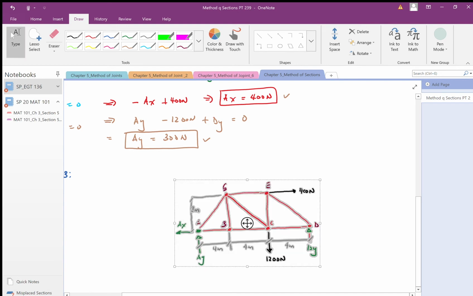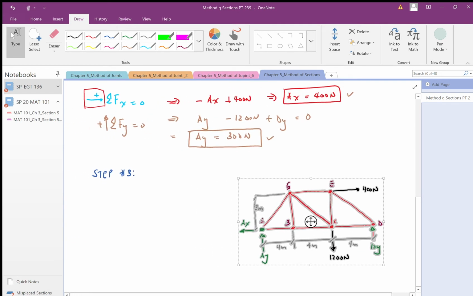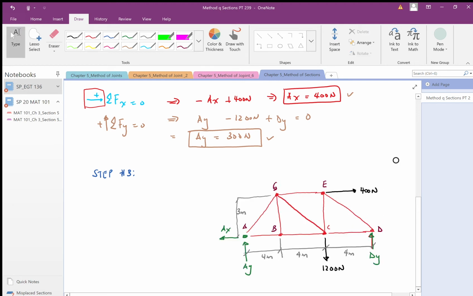Then what I'll do is make a cut, because they want us to find the forces in the member GE, member GC, and member BC.